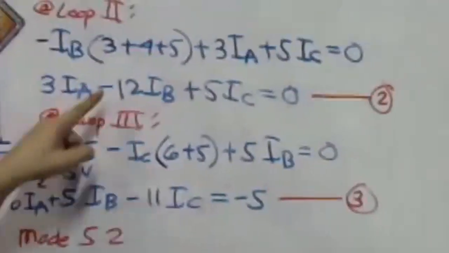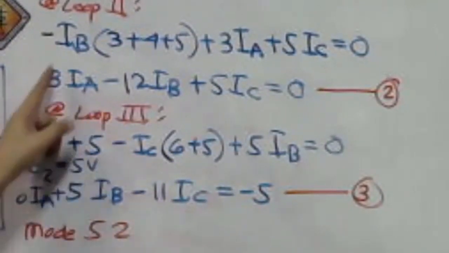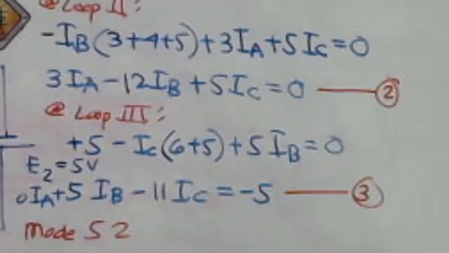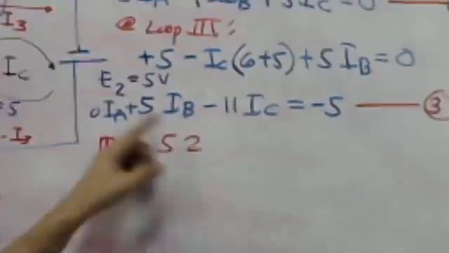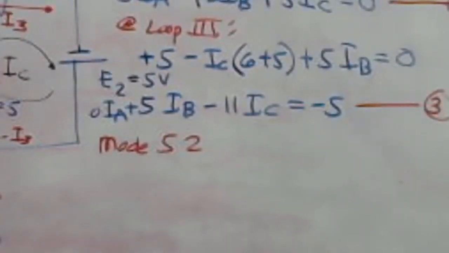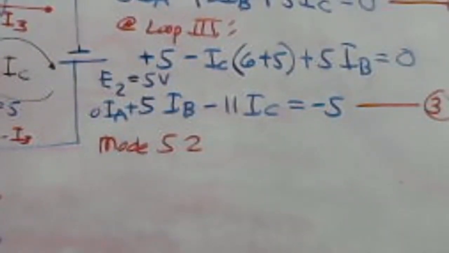Then 3 equals, negative 12 equals, 5 equals, 0 equals. Then 0 equals, 5 equals, negative 11 equals, negative 5 equals. Then you press equals.